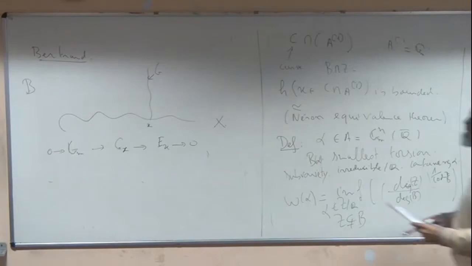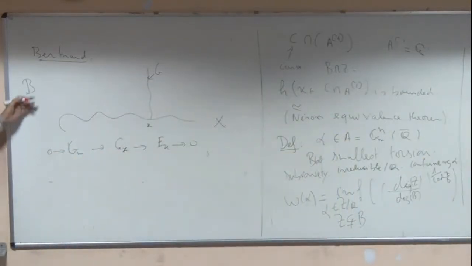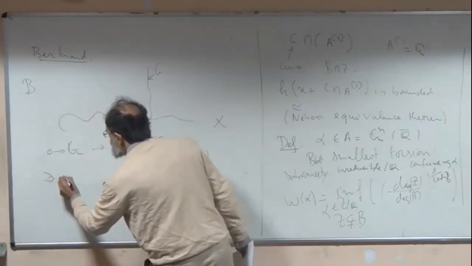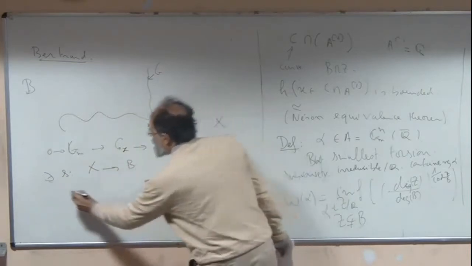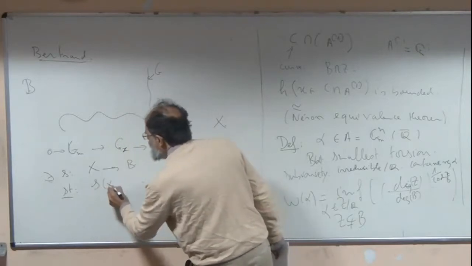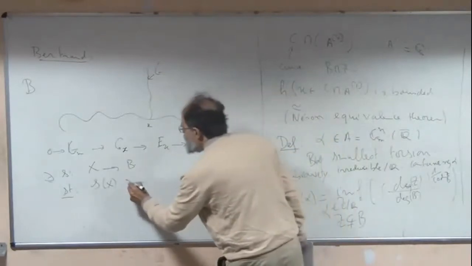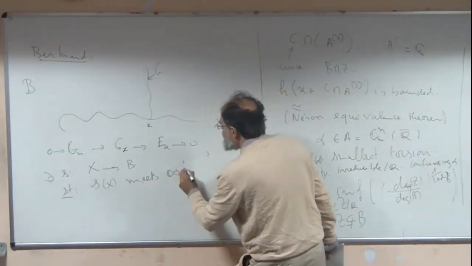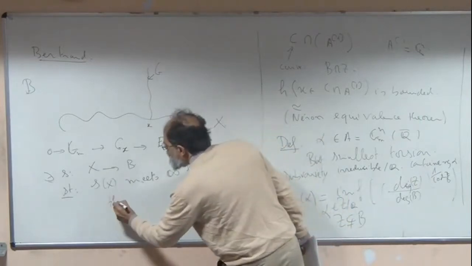In such a situation, Bertrand was able to make a construction of this kind, showing that there exists a section S of X to B, such that the image of S of X meets the torsion locus infinitely many times.